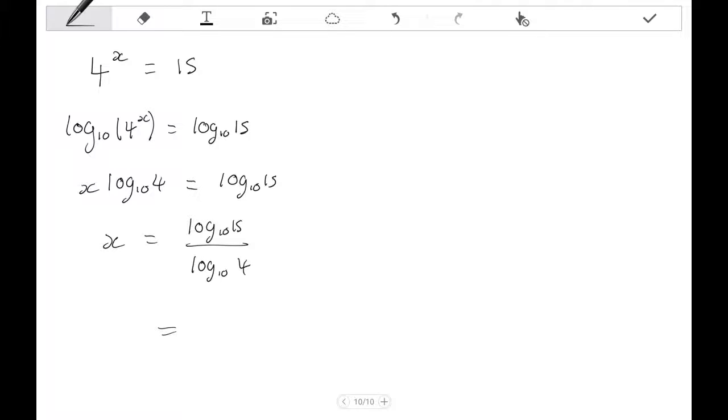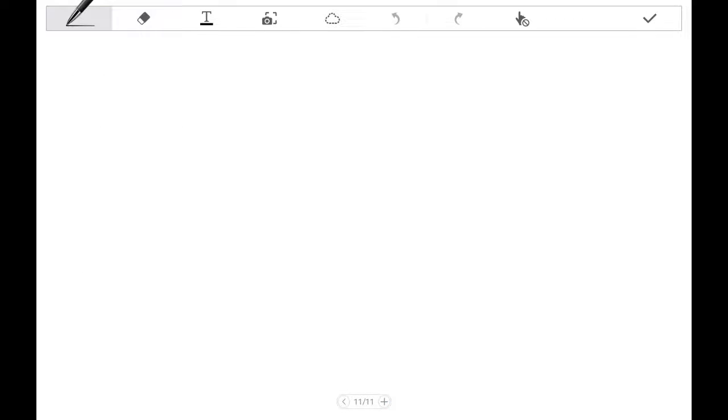And we can put that in our calculator, and we'd get that x is equal to about 1.95. Okay, so we need to be able to use them in context like that to be able to go from things that we can't answer, like log base 10 of 4 to the power of x, to things that we can. We can put log base 10 of 4 in our calculator.